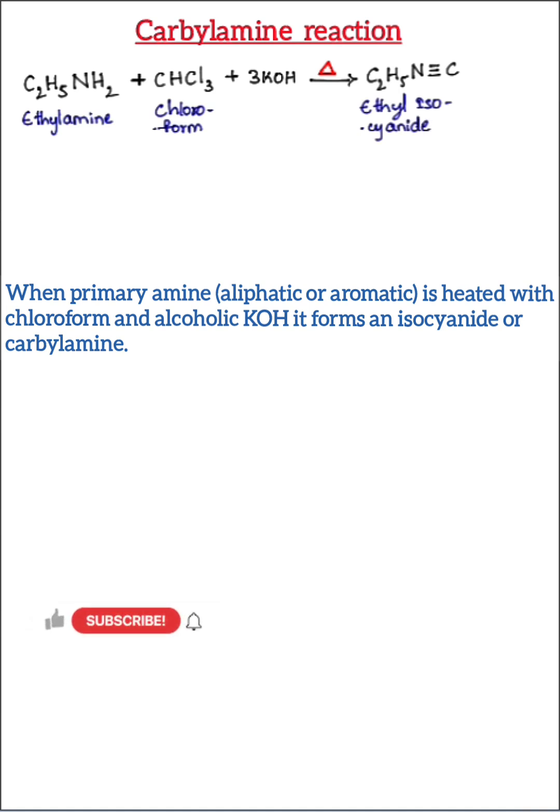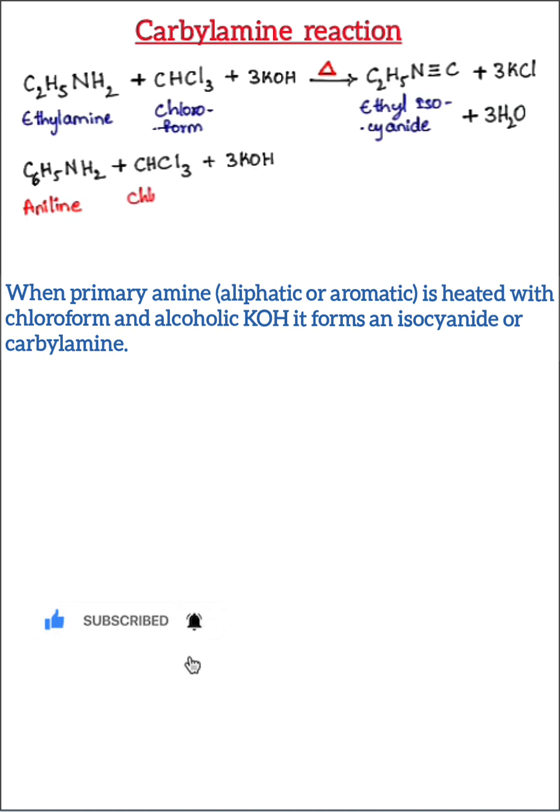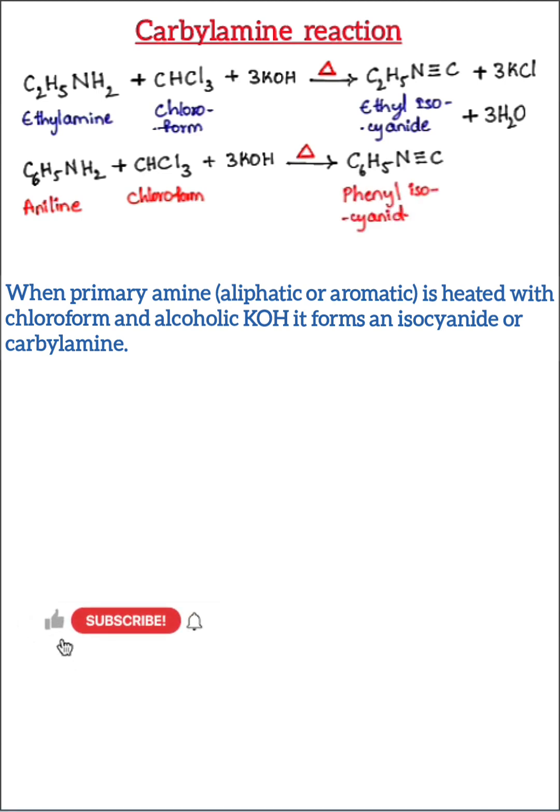So let's take another example for aromatic primary amines. I'll take aniline. We know that aniline is an aromatic primary amine, right? When this aniline is heated with chloroform and potassium hydroxide, then it produces phenyl isocyanide. So here isocyanide is nothing but carbylamine.